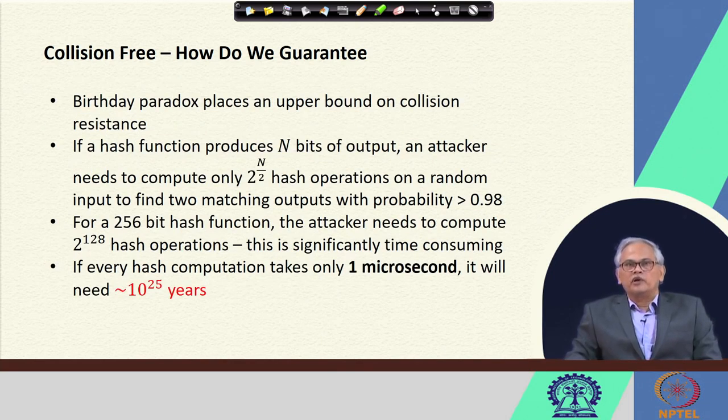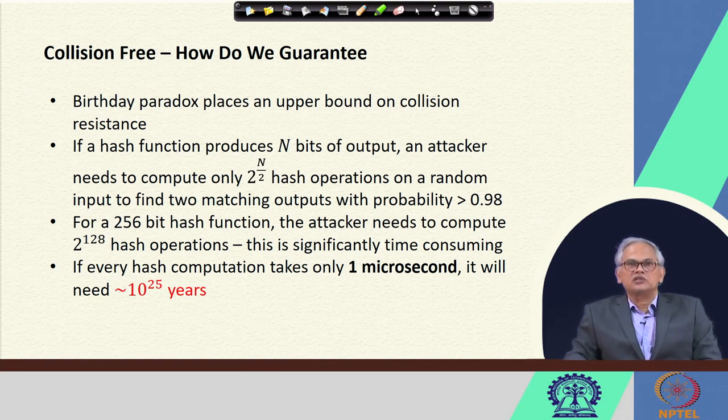Of course, the birthday paradox places an upper bound on collision resistance. And it is also important that we are not talking about only 365 or 366 possible values. Rather, we are talking about a very large number of possible values of the message digests, and that is the reason why we generate digests with really high lengths, and typical values, as we had mentioned before, are like 256 bits.